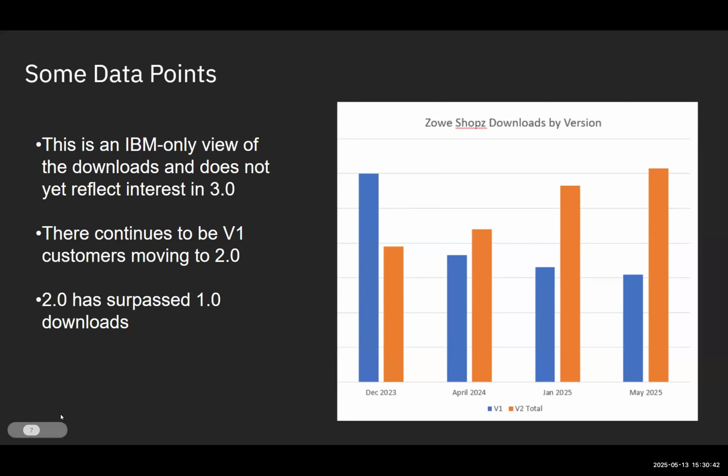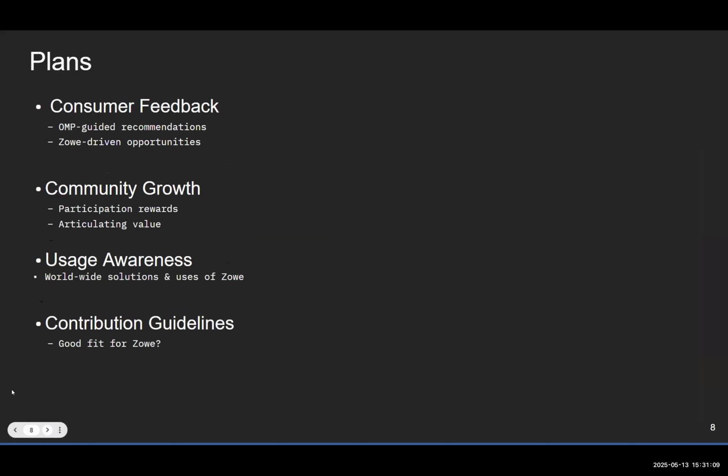So again, these numbers just show some trends, but it's hard to make firm conclusions. So the shout out is 2.0 continued to grow, 1.0 decreased. We'll see, hopefully by our next quarterly meeting, some 3.0 numbers out there that I can report on. All right, that's all I wanted to say.